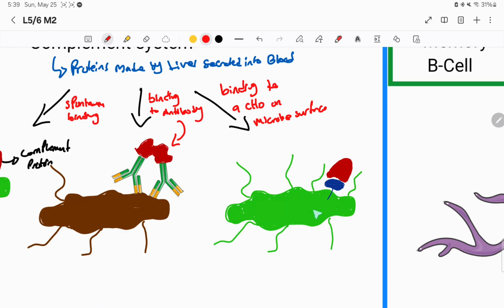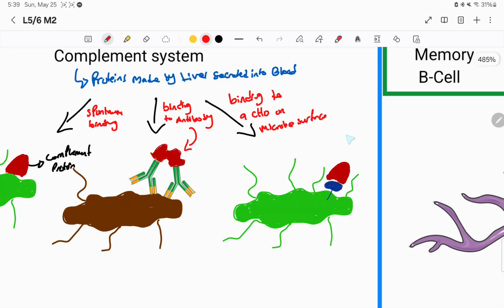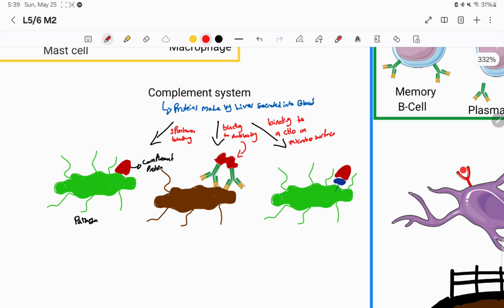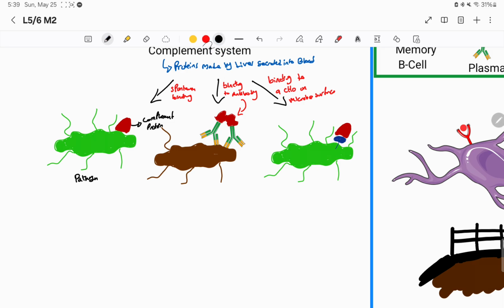And when it can do that, it becomes activated, and it can initiate that whole cascade of activation, okay? Now, if you're curious, the sugar that it binds to is actually called lectin, okay? Mannose.